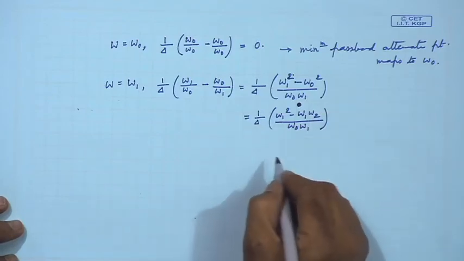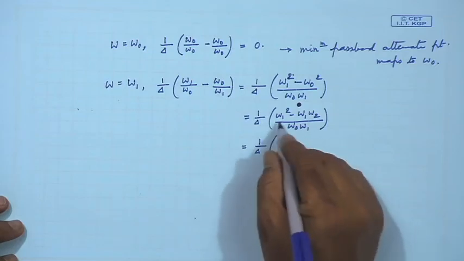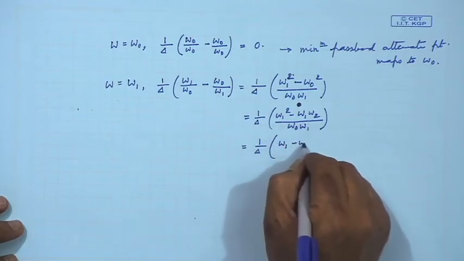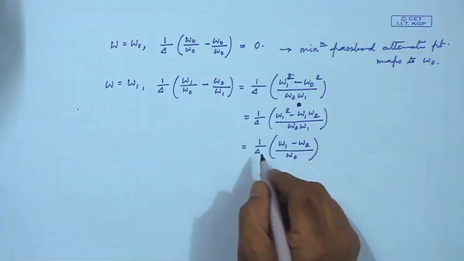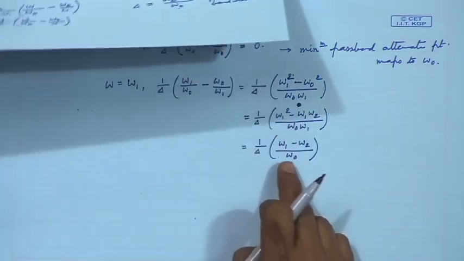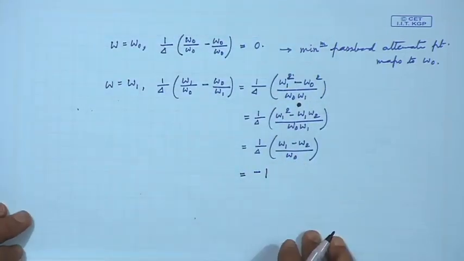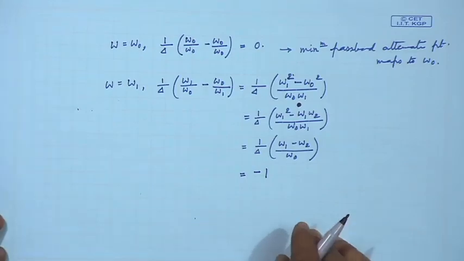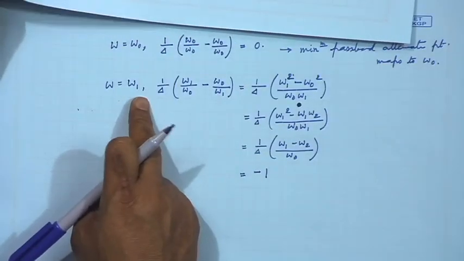Now, that you know is 1 by delta into omega 1 minus omega 2 by omega naught, and what is delta? Again you see delta is omega 2 minus omega 1 by omega naught. So, can I say that this will be minus 1? That means it says that the left passband edge, I have put here omega is equal to omega 1.